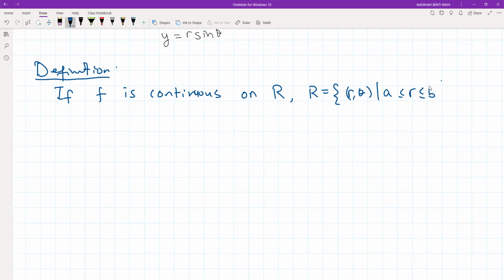Kenapa R bigger than zero? Sebab R tu radius. Saya tak dengar R tu apa?